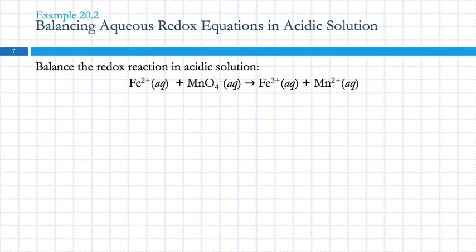So, splitting into half reactions. I'm going to have two equations down here. Here's the first element, I'll put that in the first equation. And I'll put the second compound or ion in the second one.